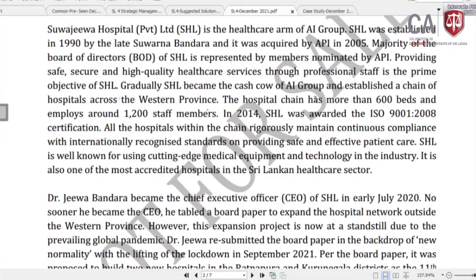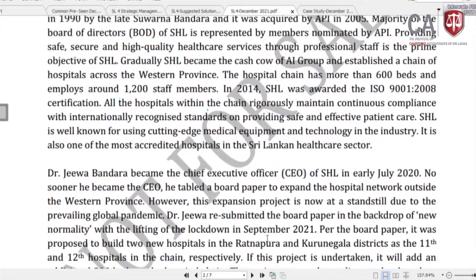Then there may be some drug suppliers, then the general public, government. So, we can identify so many stakeholders in relation to this.